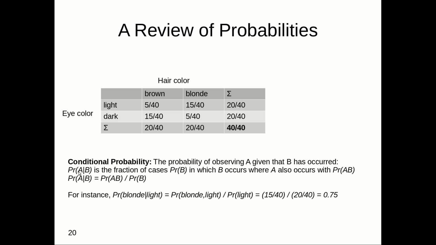So the conditional probability of observing A given B is the fraction of cases where B occurs where A also occurs, with a joint probability of AB.